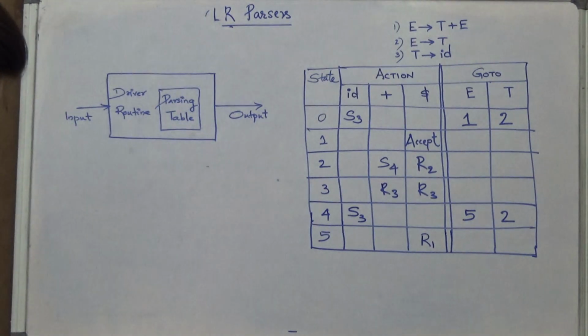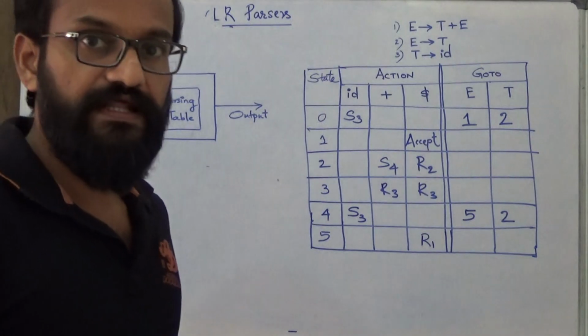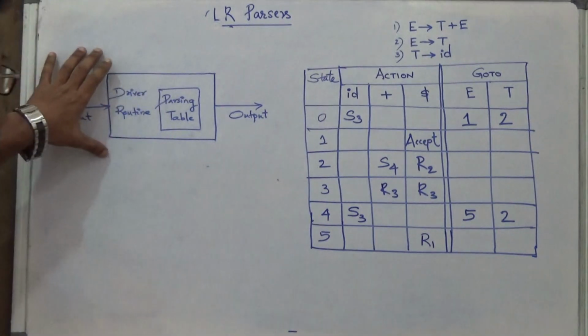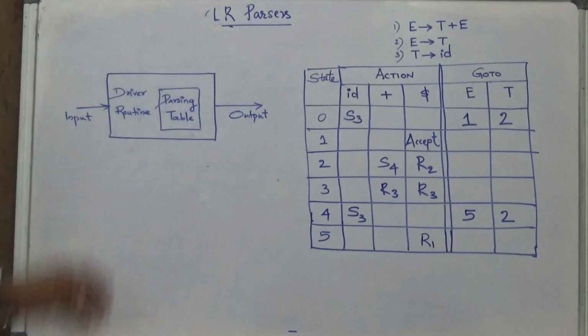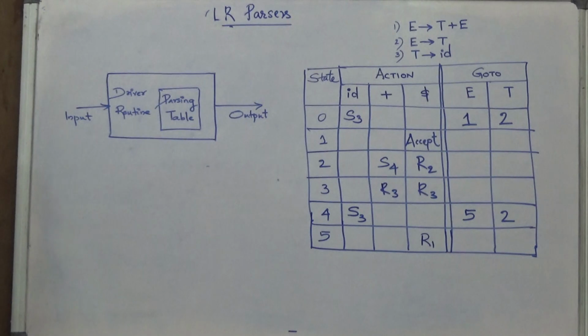Now let us discuss the general structure of an LR parser. This figure shows the general structure of an LR parser. There are two main components, a driver routine and a parsing table.